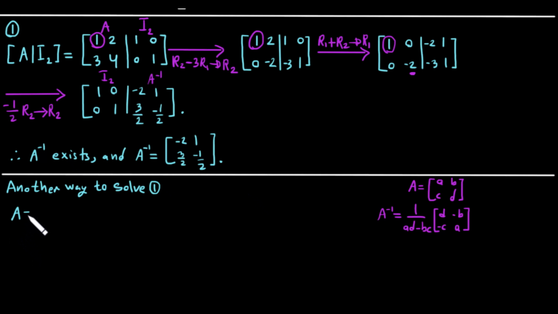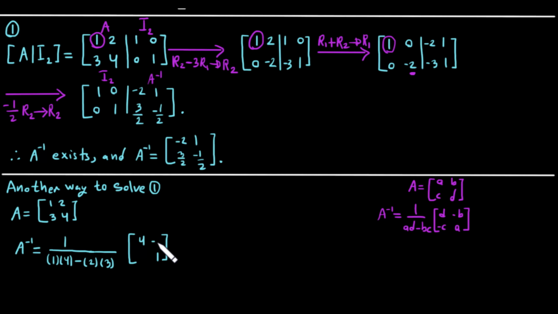So since we have A equal to 1, 2, 3, 4, then A inverse equal 1 over 1 multiplied by 4 minus 2 multiplied by 3. Then the matrix here, swap these two elements. So here it will be 4 and here it will be 1.